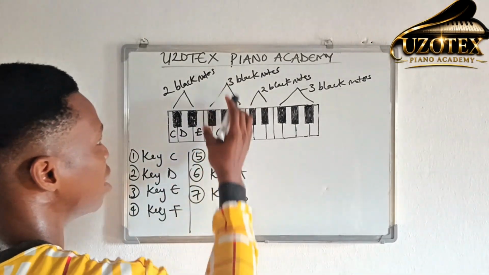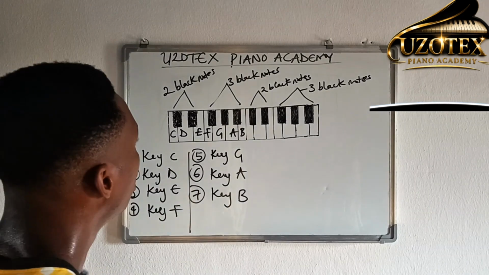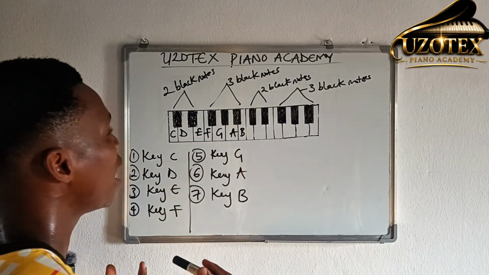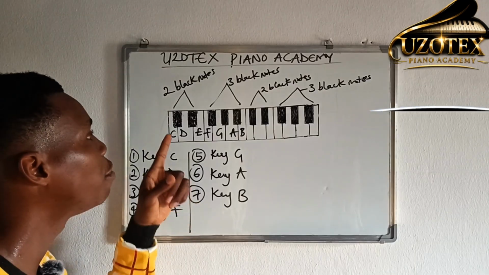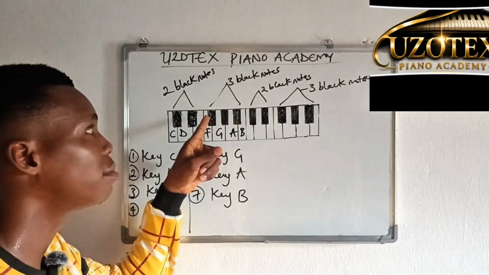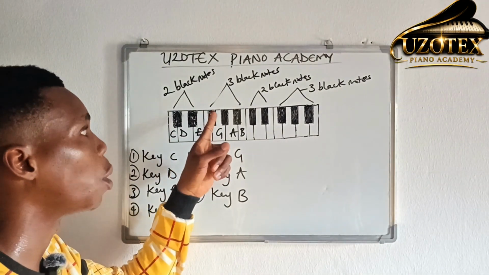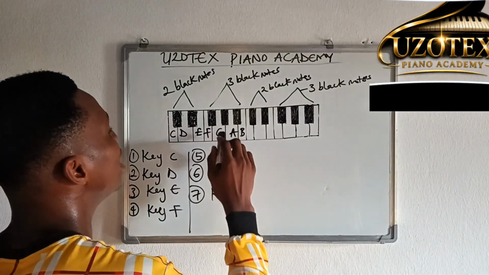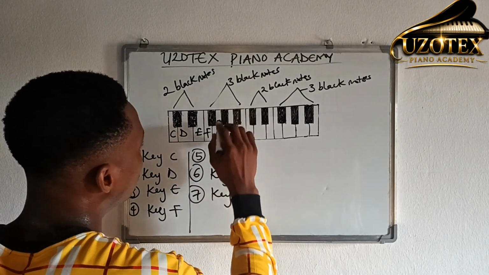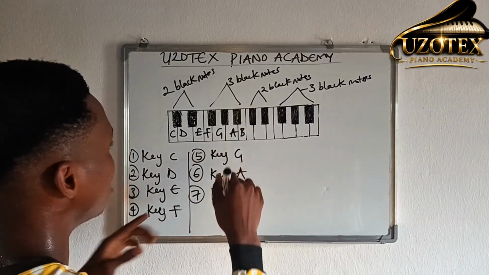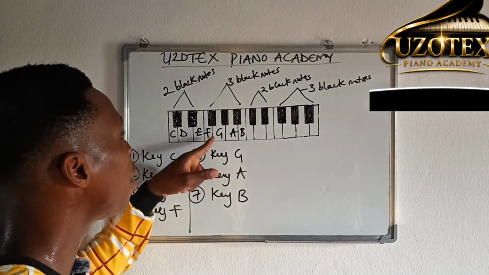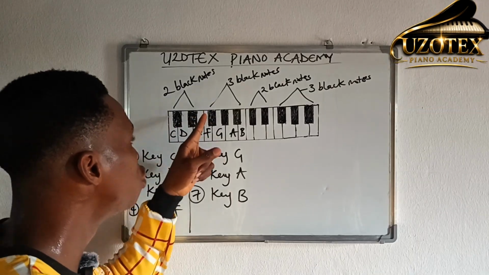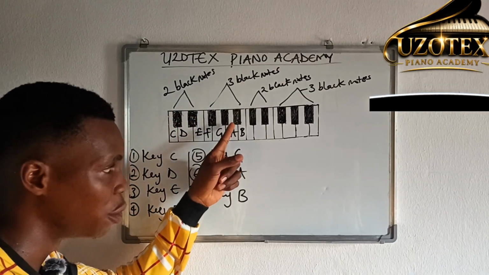Now, over to the three black notes. Key F is the first white note you find before the first note of the three black notes. Key G is the white note coming immediately after the first note of the three black notes.